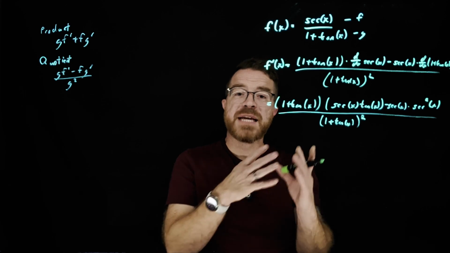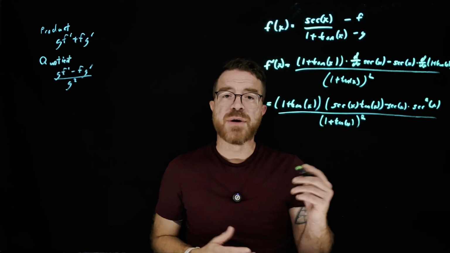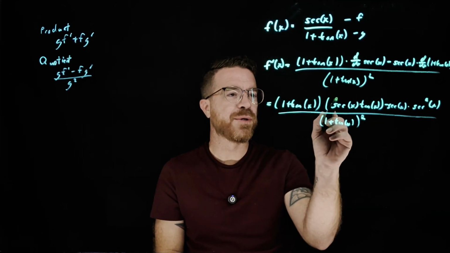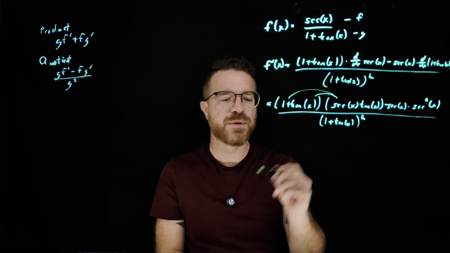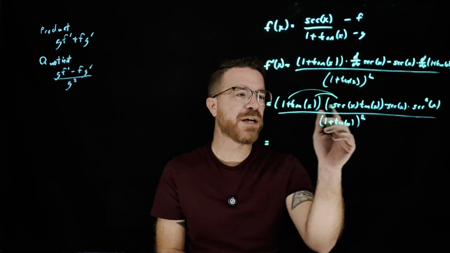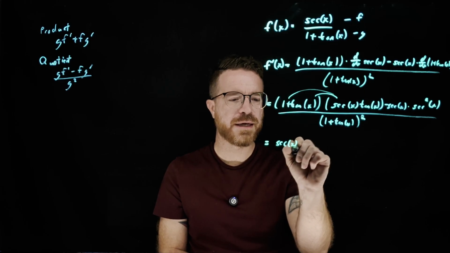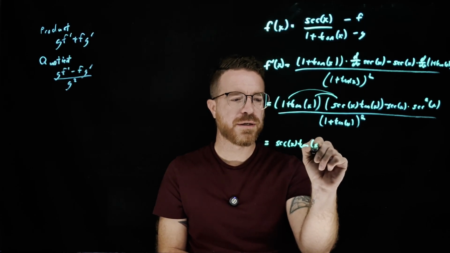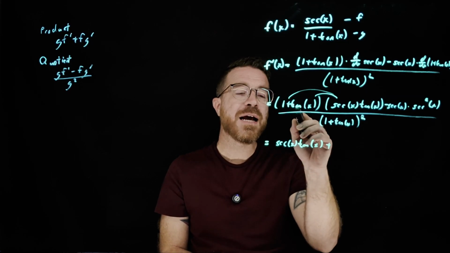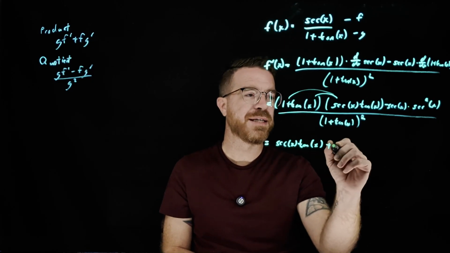Okay, so now that I've taken the derivative, let's simplify some. As always, first thing I'm going to do is distribute this to this term here. So we're going to get 1 times secant x tangent x. So we have secant x tangent x plus. Now I'm going to multiply tangent x by secant x tangent x.